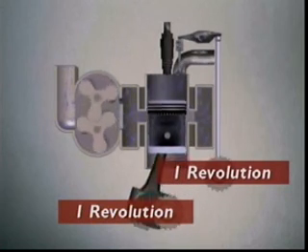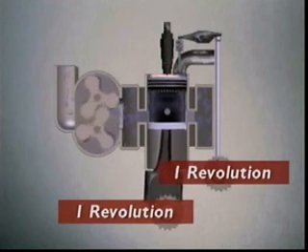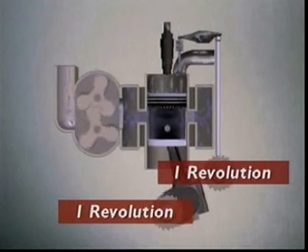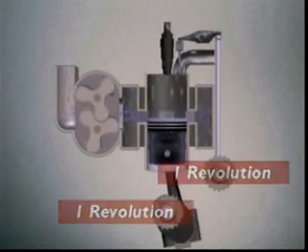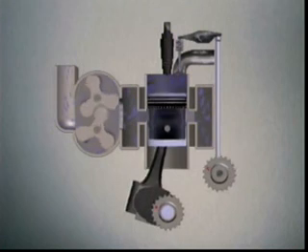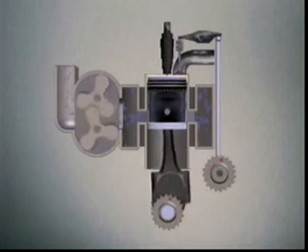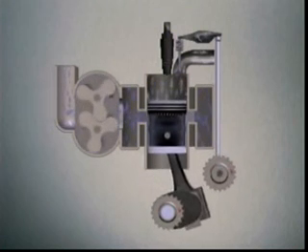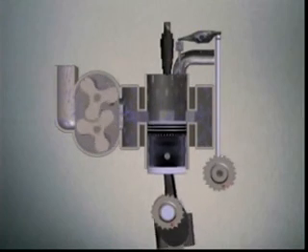Camshaft and crankshaft must rotate at the same speed. The gears must be the same size. The power stroke pushes the piston down. The crankshaft turns, as does the camshaft. The cam acts on the rocker arm, which opens the valve at the right time.